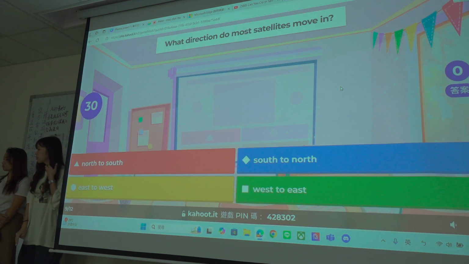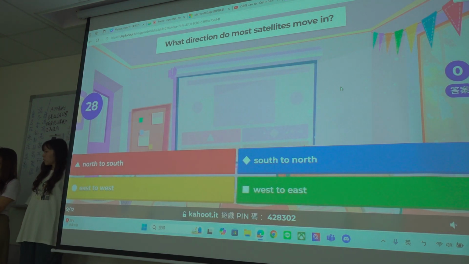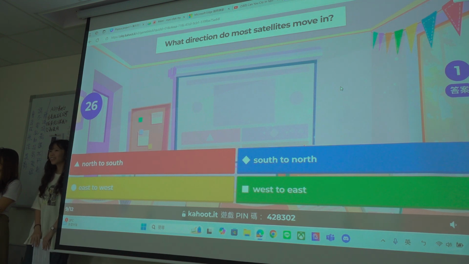Question 5. What direction do most satellites move in?